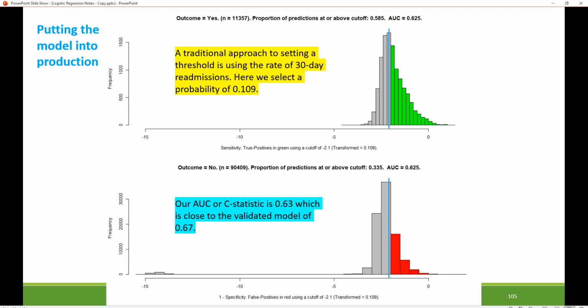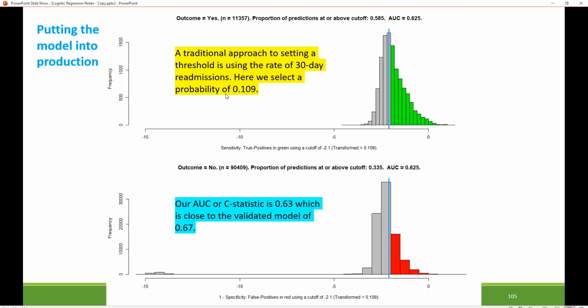From that threshold, we can create that binary outcome that we would have in our real data, in the actual collected data. So what we need to do is set a threshold, and a traditional approach to setting a threshold is using the rate of 30-day readmissions.